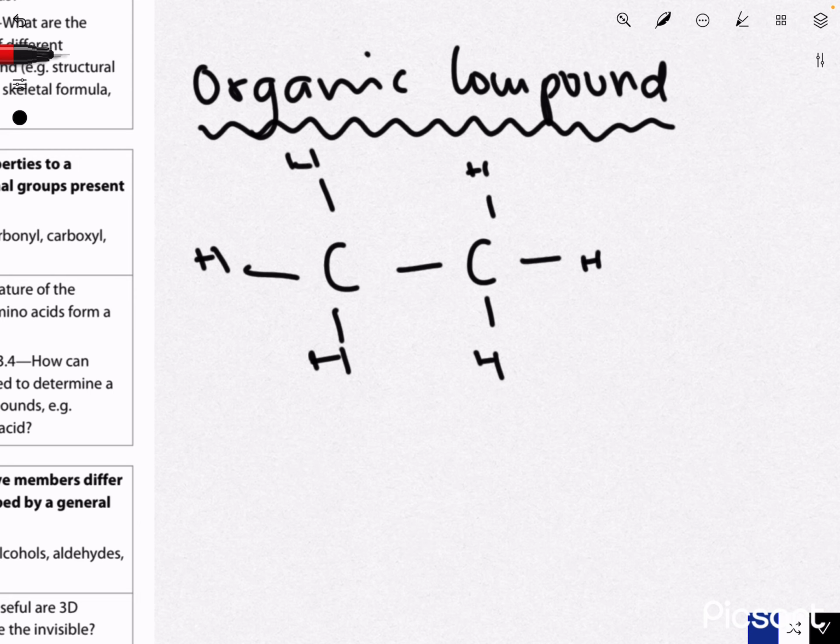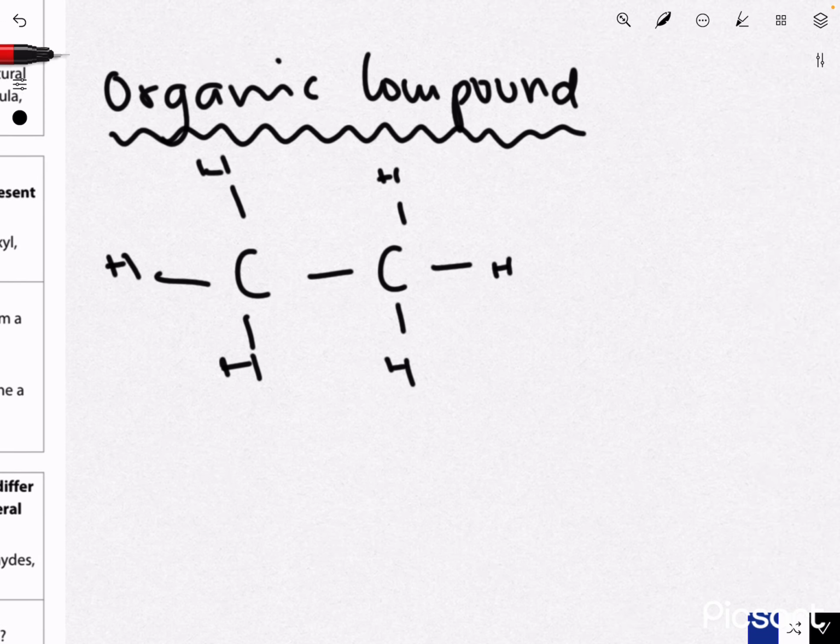So organic compounds, essentially, are hydrocarbon chains in which carbons are covalently bonded to other elements, oftentimes being nitrogen, hydrogen, or oxygen. Now, over here, as I stated, we have the display formula for ethane.